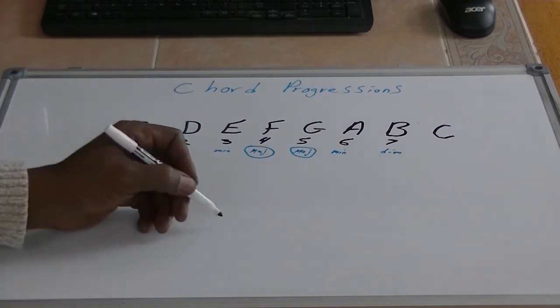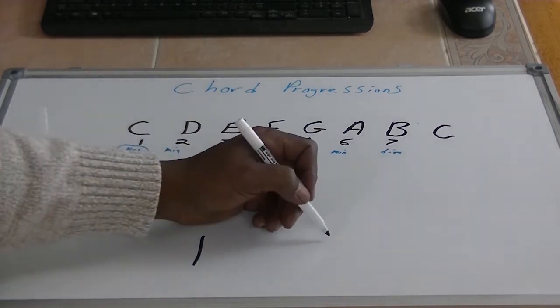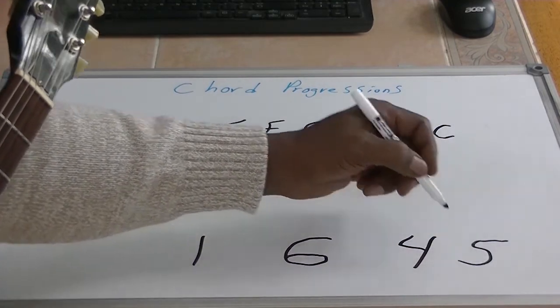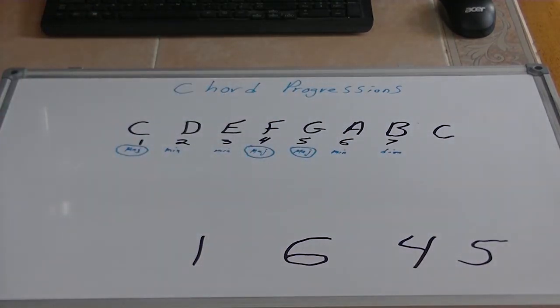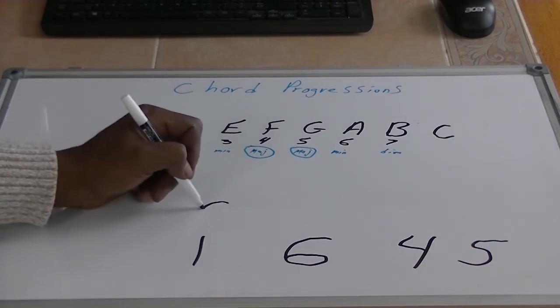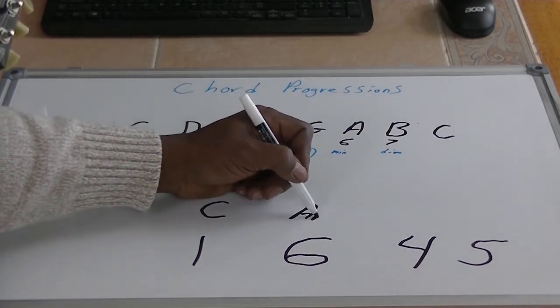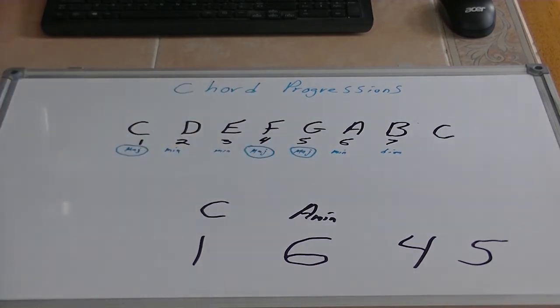So the first one I want to show is the 1, 6, 4, 5. So we have the 1, which is C major. We have the 6, which is A minor, and that's one we haven't used in the other progressions.